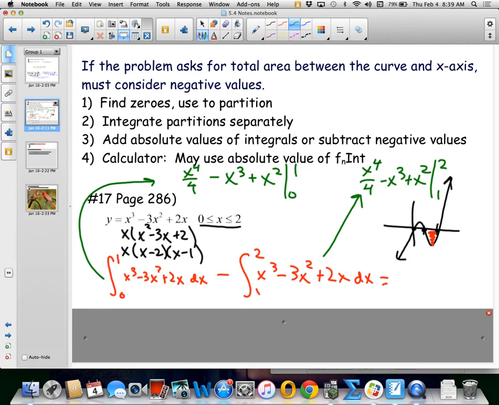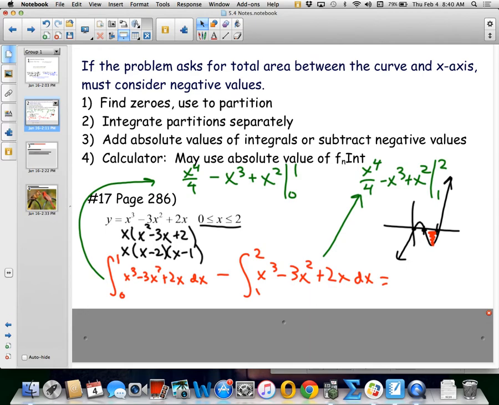I'm going to leave that there because I think we've had plenty of practice with these. We could finish this up if we wanted to, couldn't we, class? If I wanted to use my calculator, what I could do is use absolute value. You see on step 3, we talked about subtracting a negative, which ultimately makes it positive. Doesn't absolute value make everything positive?